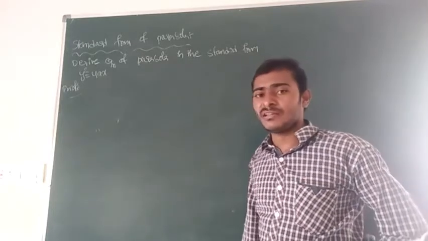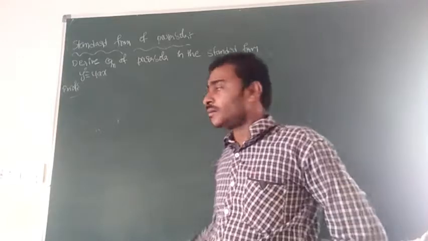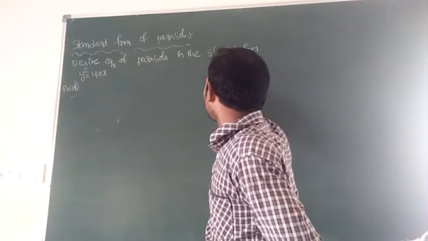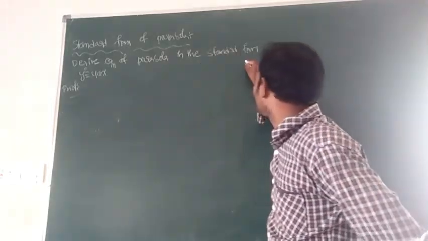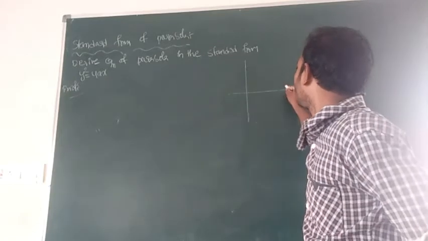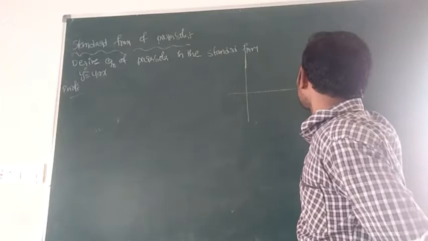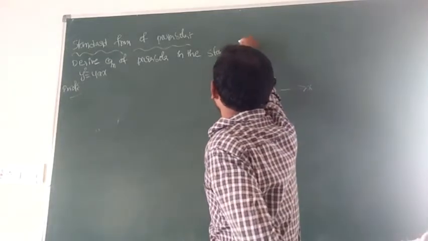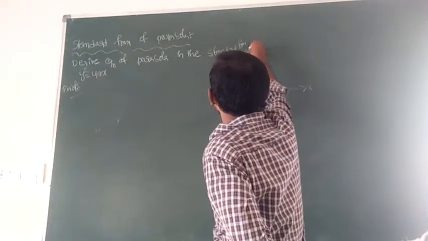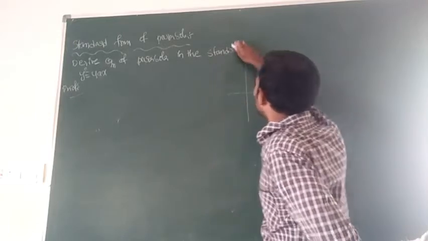To derive that equation, first we have to take a plane, that is, in this plane the real axes. This is the x axis and this is the y axis.